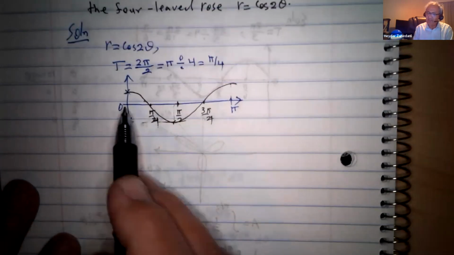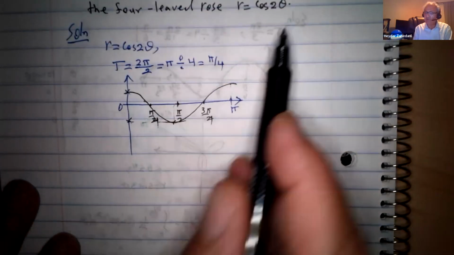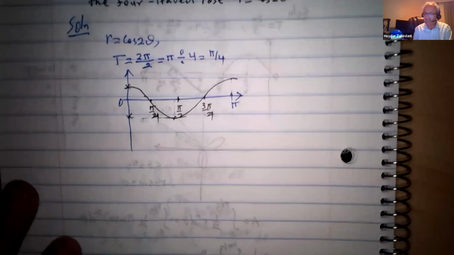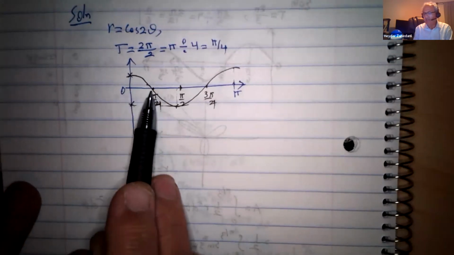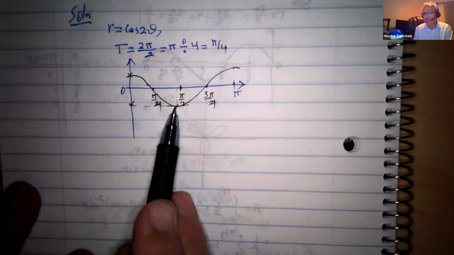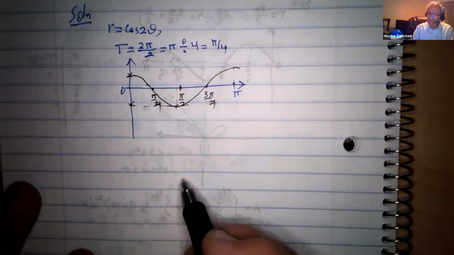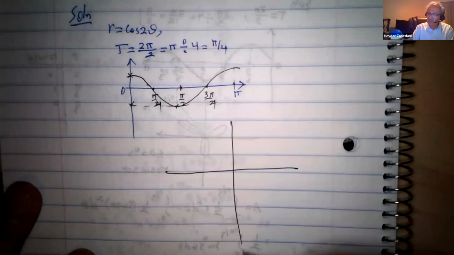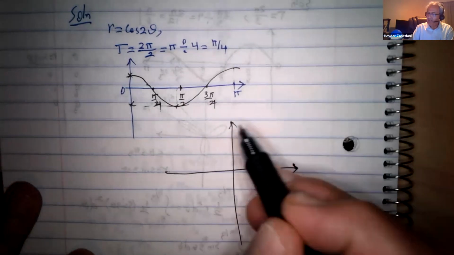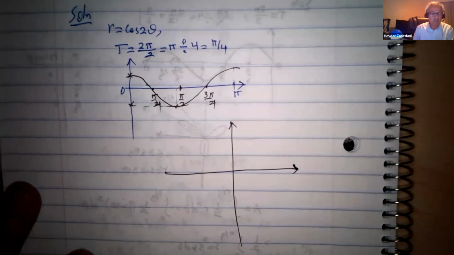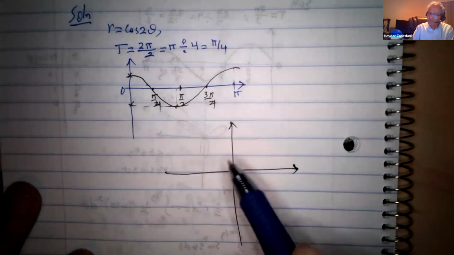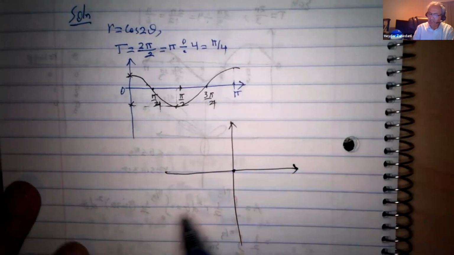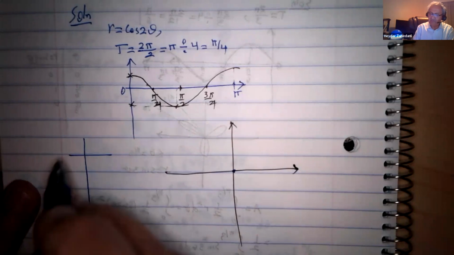That will give you the idea of how we're going to get those 4 roses. You get a petal between pi over 4 and pi over 2 and 3 pi over 4. So this is the situation you're going to have for the cosine. You have to graph these to get the idea. They start from 0 here. You can guess what's going to happen to the first one.